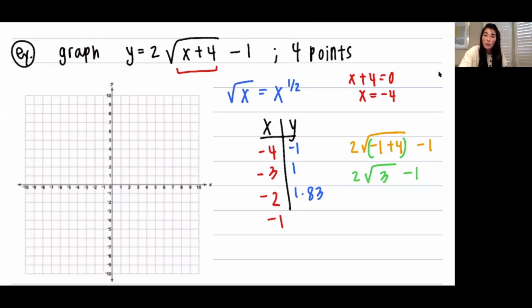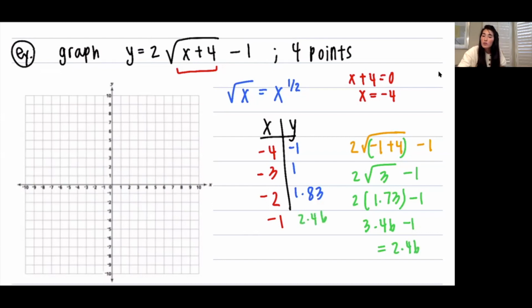So remember, square root is an exponent, so you're going to simplify that. So you're going to take 3 and square root that. So this would be 2 times the square root of 3, which is 1.73, and then minus 1. And then again, following order of operations, 2 times that, 1.73, and then subtract 1 from that. So this would be 3.46 minus 1. And then here you would end up getting 2.46.